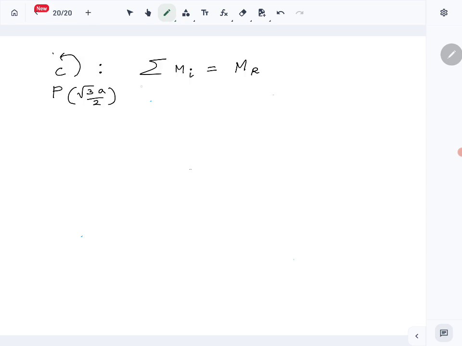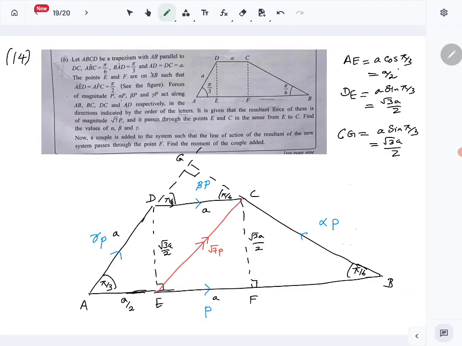So then P times root 3A over 2 minus gamma P times root 3A over 2 equals 0, because the resultant goes through C, so the moment of the resultant about point C is 0.